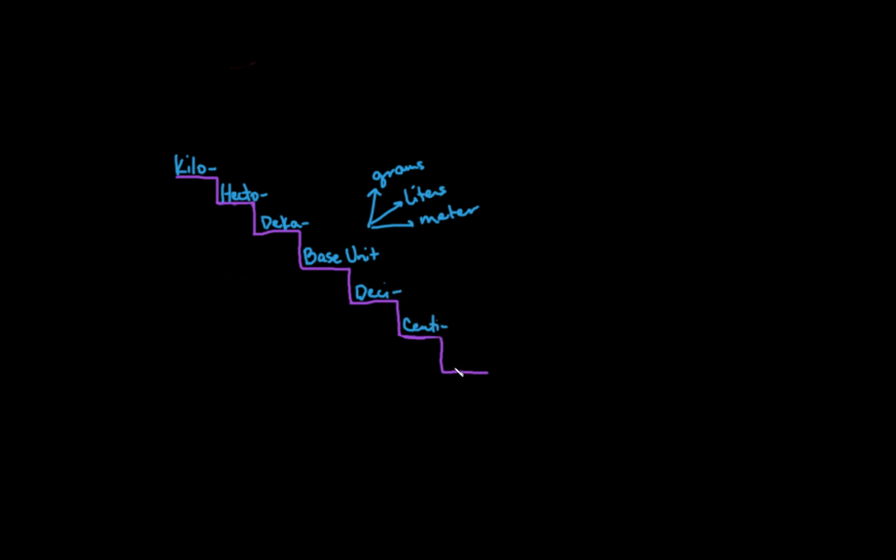So what we're talking about here is that this is a staircase, because this might help us convert units by the unit 10, right? So I'm going to add another color here.